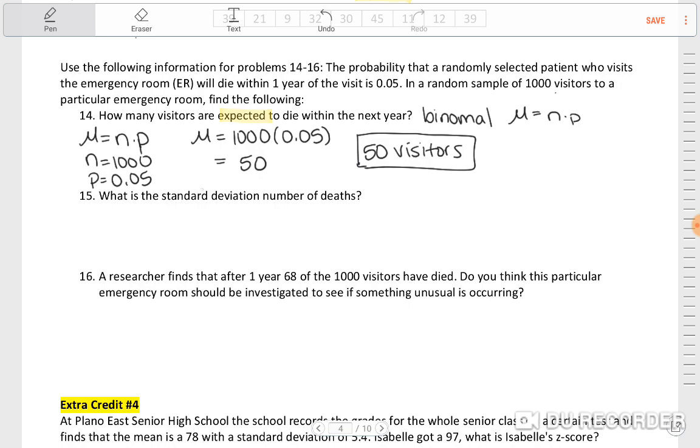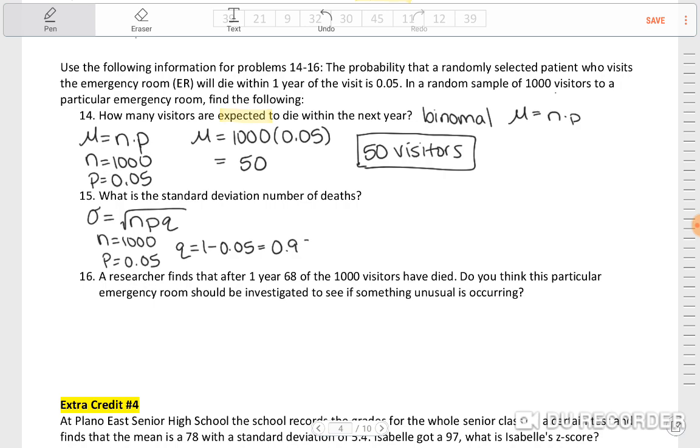What is the standard deviation number of deaths? So again, it's binomial, so the standard deviation for a binomial is the square root of npq. So we know n is 1,000. We know p is 0.05, but to find q, we take 1 minus the p-value.